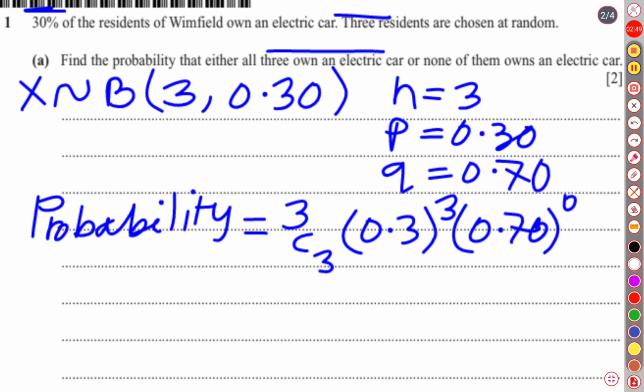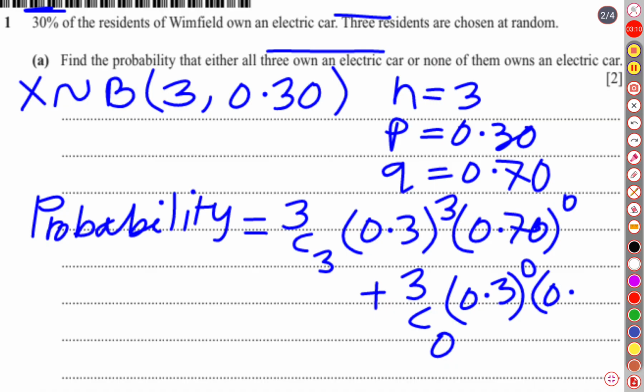Or they have told us, or none of them. 3 choose none. Out of 3, none of them has a car. So 0.3 raised to 0, since nobody has a car, and 0.7 for none of them having a car, 3 times.